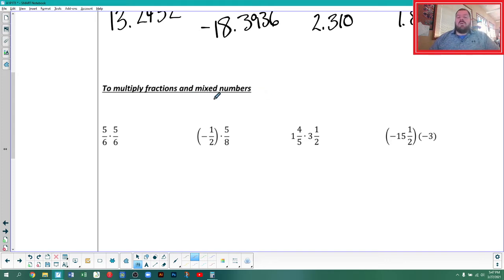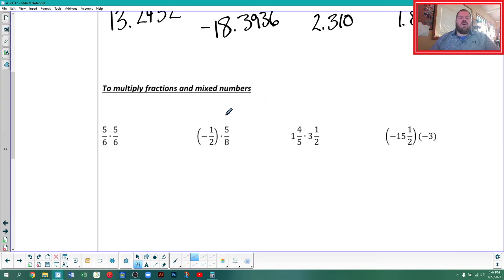When we're talking about multiplying and dividing fractions, on the other hand, and mixed numbers, the reason we need a way to do these by hand is that calculators don't handle fractions very well, for the most part. There are calculators out there that can do fractions very neatly and easily, but even some of the more advanced calculators don't do that very well.